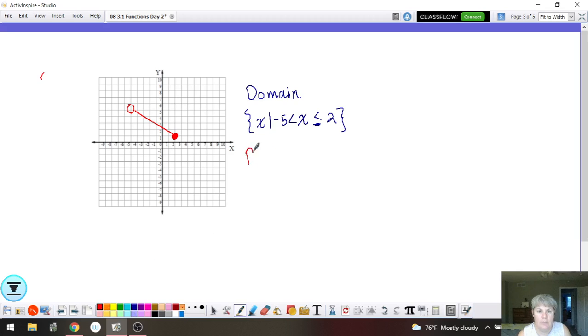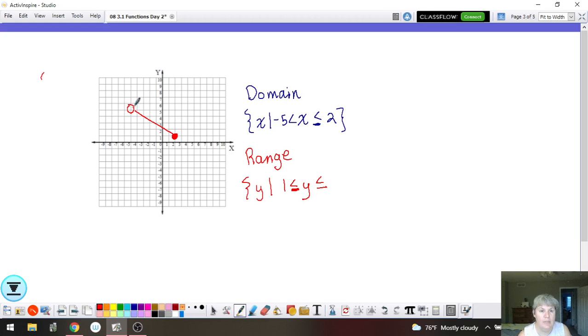So let's do the same thing with range. Again, range is the y values. So our smallest y value is at 1, but that 1 is included, so I need to underline my inequality. So y is greater than or equal to 1, but that y is also less than or equal to 5.